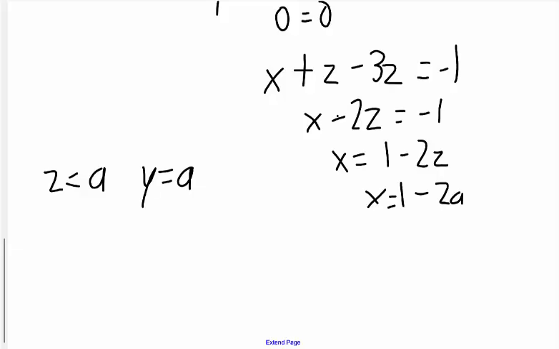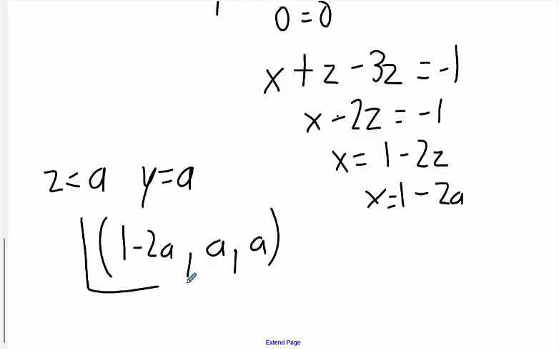So we have sort of an ordered triple: 1 minus 2a, a, and a, where a is some number. So pick some number, and those are coordinates you'll find. For any real number, we can get a coordinate. So that means basically it's planes intersecting in a line.